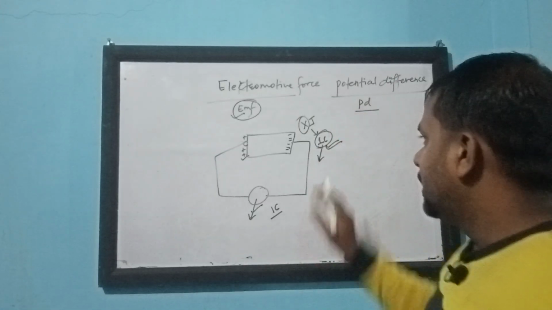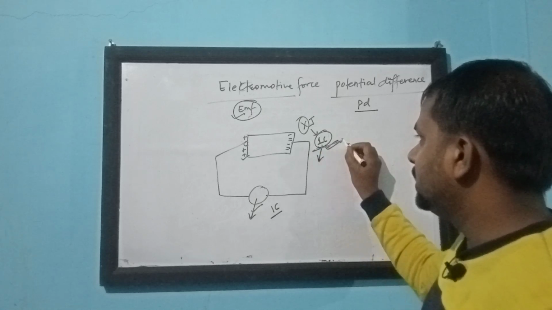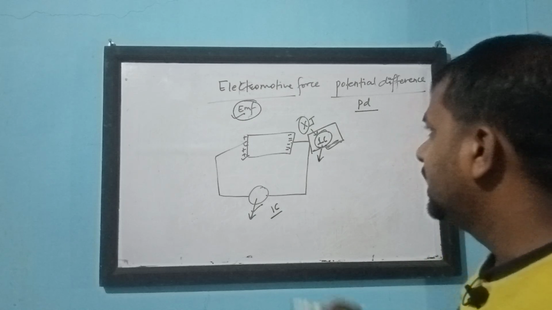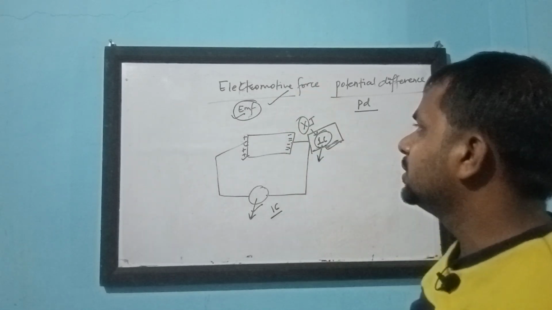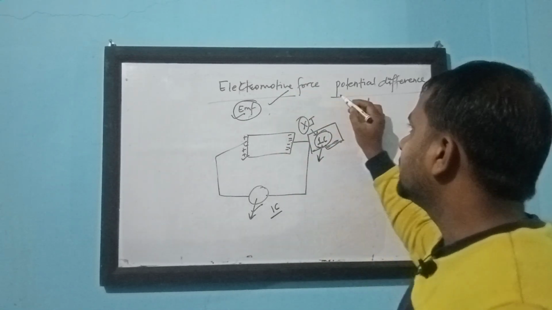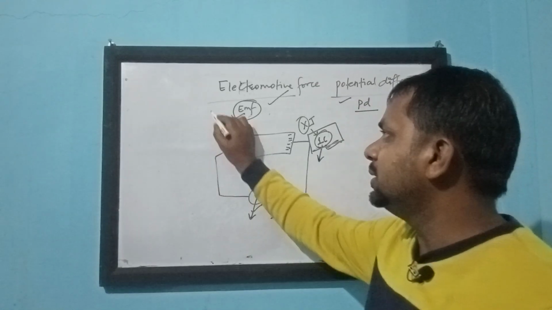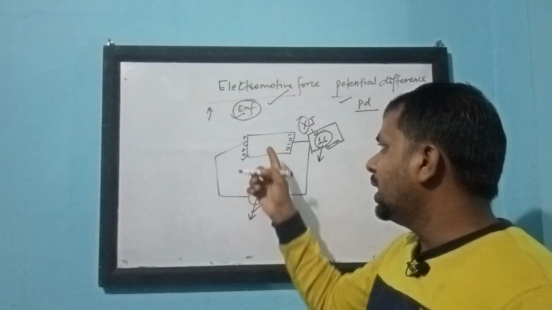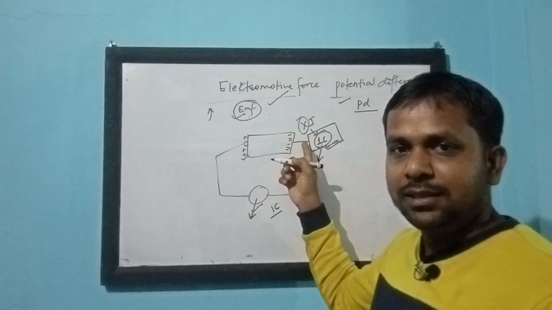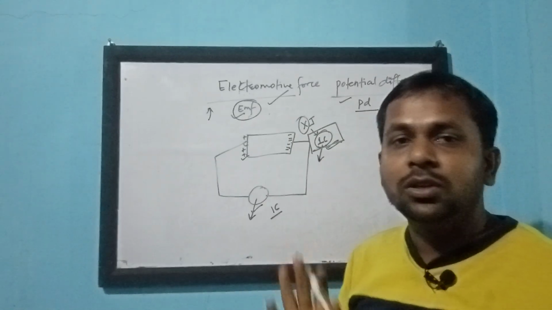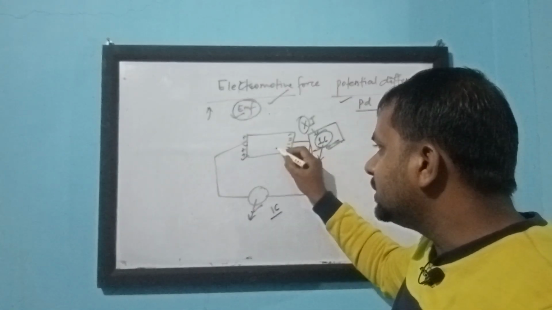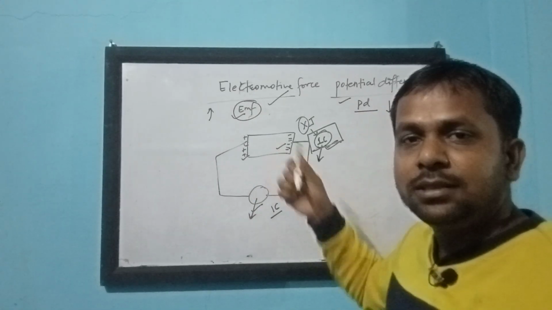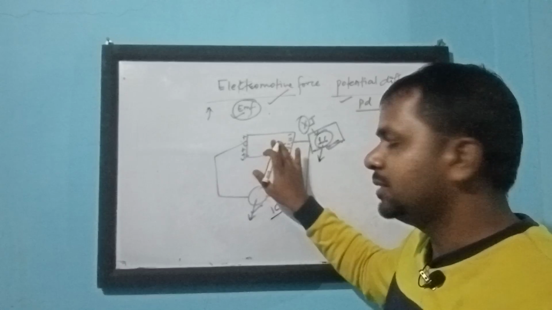Okay, and we have to consider this for 1 coulomb charge. This electromotive force is always greater than potential difference. Its value is greater, its value is slightly less. Because how much energy is supplied here, that much work is not done. Some of the energy is lost due to the internal resistance that is present in the cell.